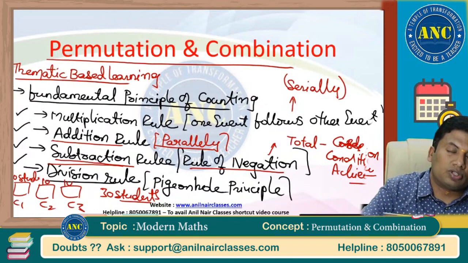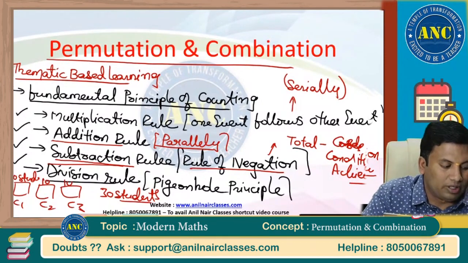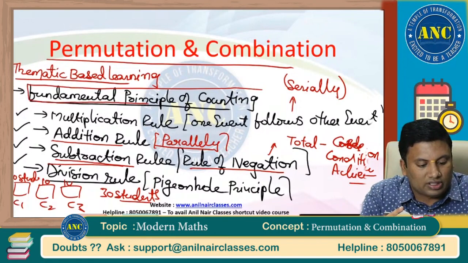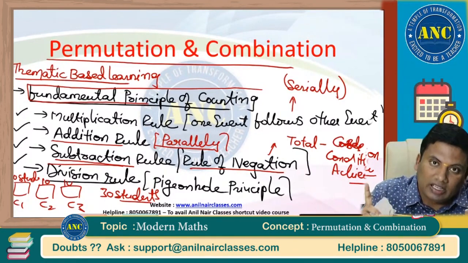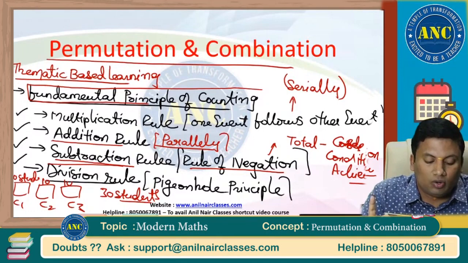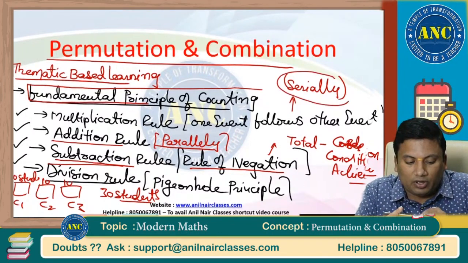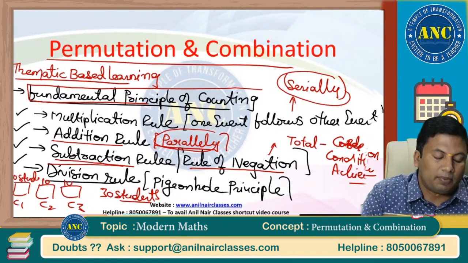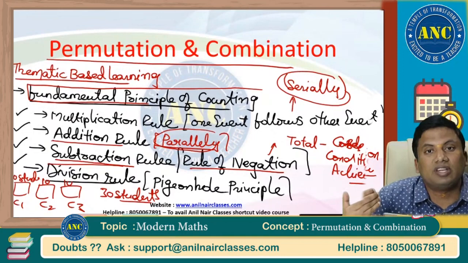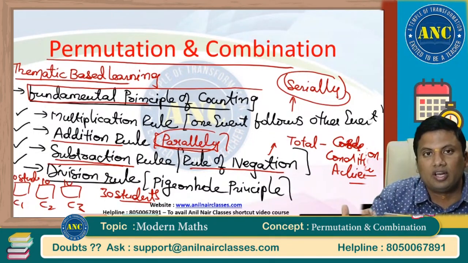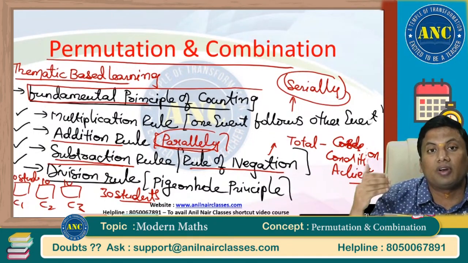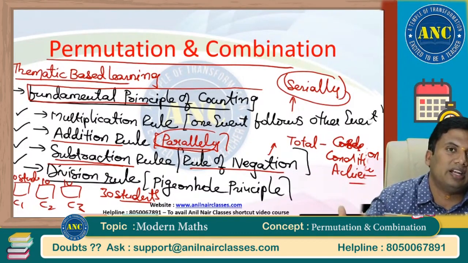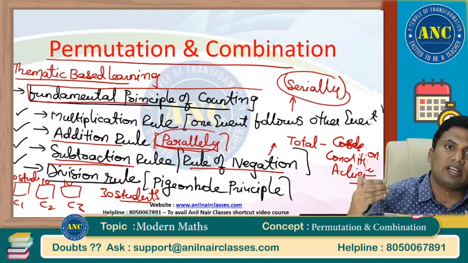So from now onwards, in the fundamental principle of counting, not only 2 rules are there, there are 4 rules. The multiplication rule is used in serial processing. The addition rule is used in parallel processing. The subtraction rule is used when a condition is given in the question and I want the cases which do not satisfy the condition, the negation.